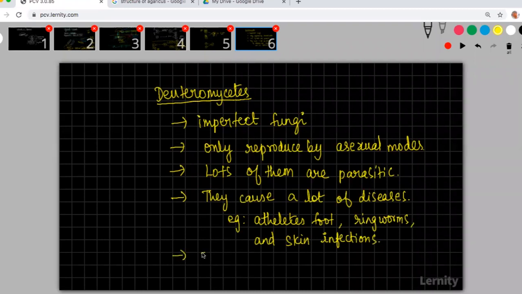They are not properly classified. So they are Deuteromycetes. Deuteromycetes is like the imperfect fungi.